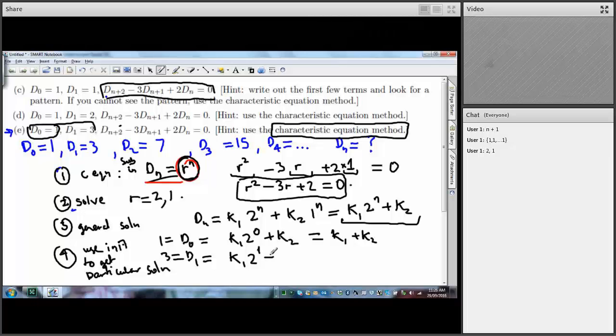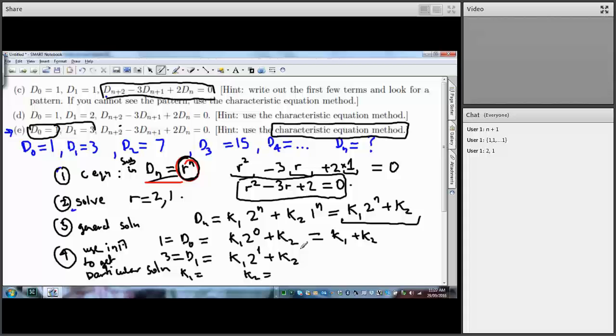Or putting it another way, 2 to the 0 is just 1, so we can write it as K1 plus K2. That's one initial condition, the first of them.